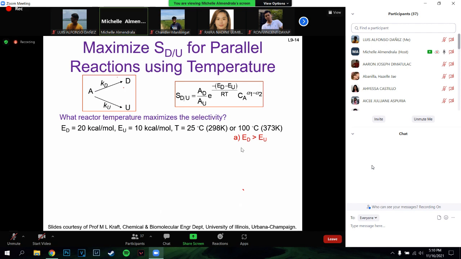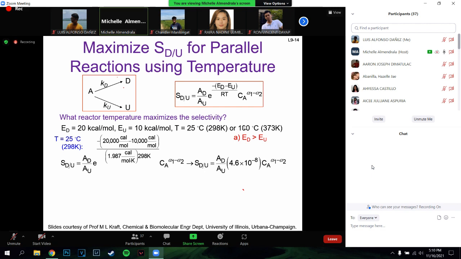Now, let me go faster. So what reactor temperature maximizes the selectivity? In this example, you have activation energies of 20 and 10, and temperatures of 25 and 100, up to 125.